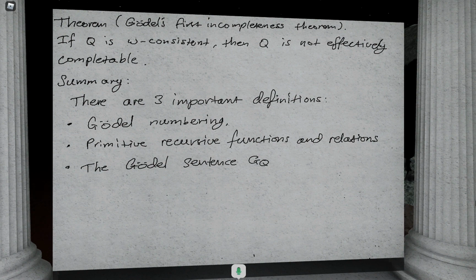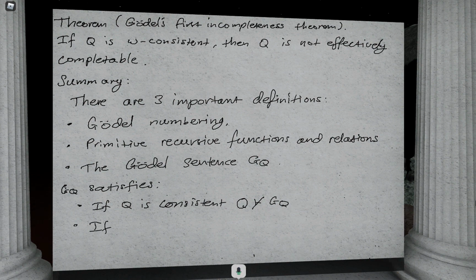And this is going to be used in order to finish off the argument once we've set all of these pieces up. And all I'll say about it is that it is a formula inside Q that satisfies the following. If Q is consistent, and this is ordinary consistency, then it cannot prove the Gödel statement.